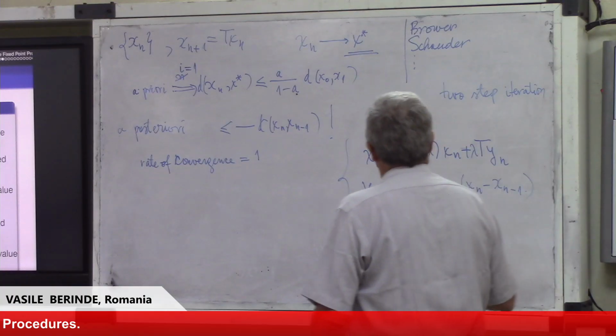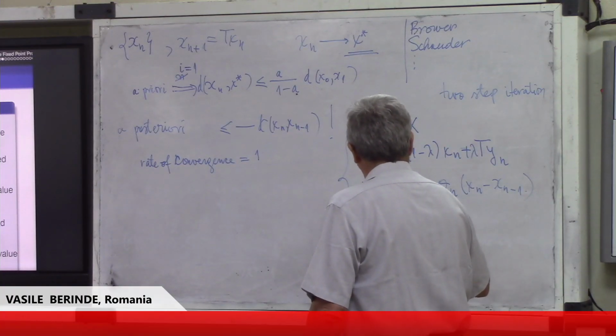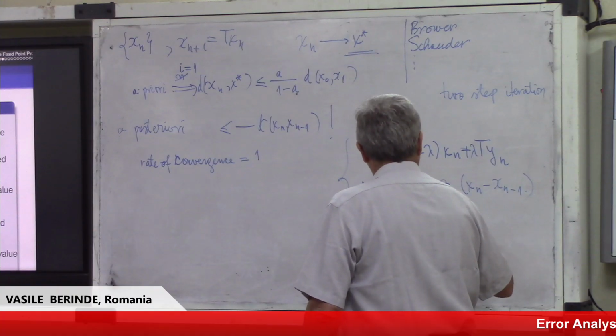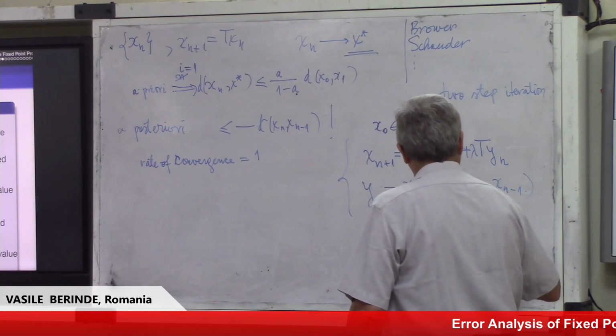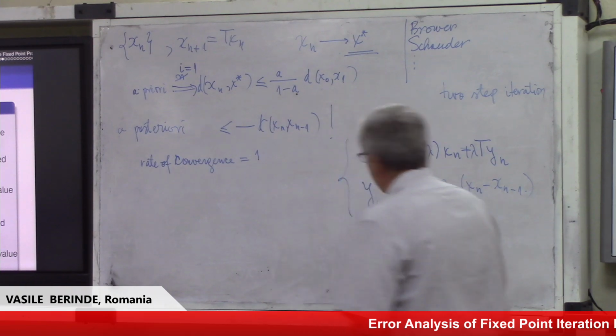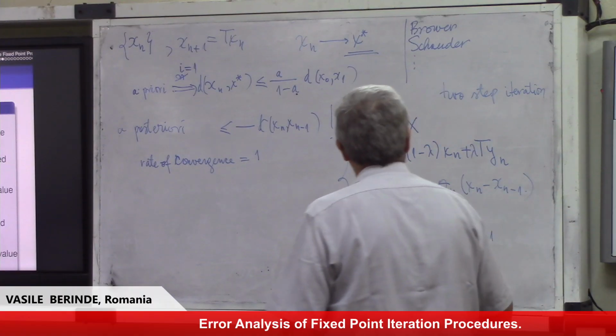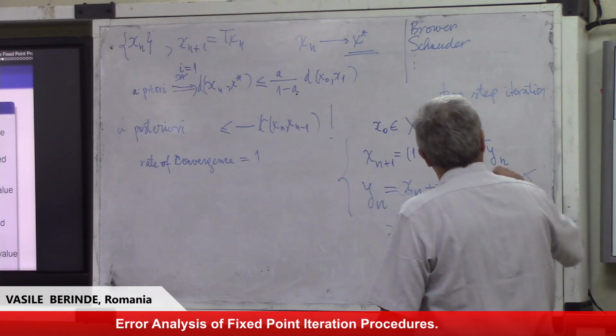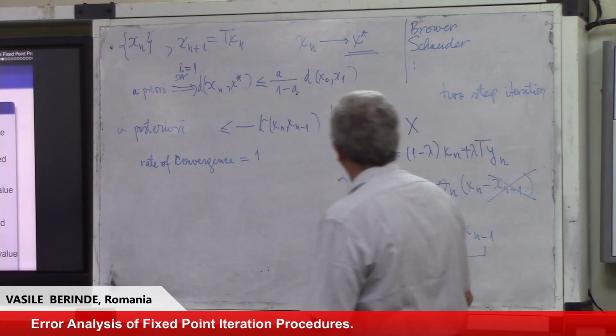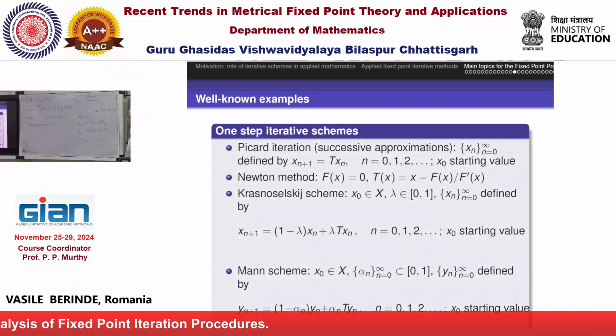Why? Because we have involved x_{n+1}, x_{n-1}. So the difference between these is 2, so this is a two-step scheme. But some people, in the absence of this term, call such an iterative scheme two-step, which is not correct.